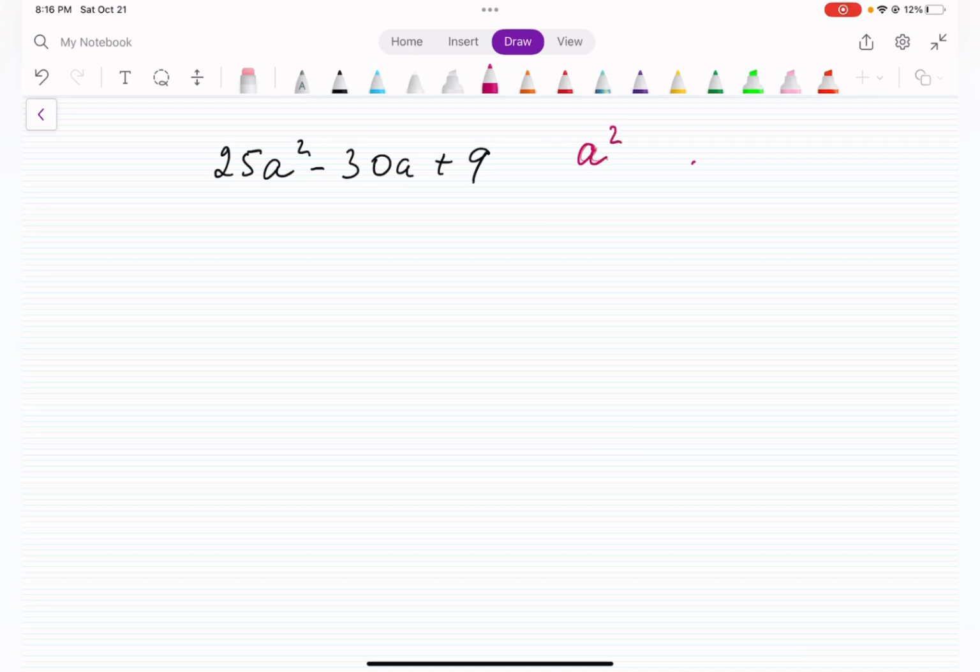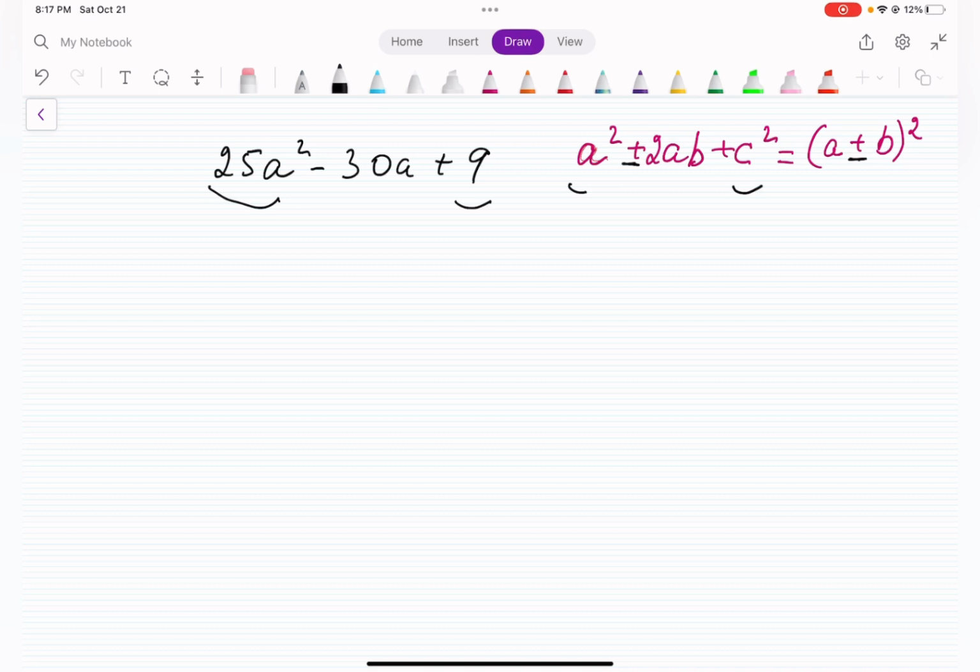a squared plus 2ab plus b squared, or a squared minus 2ab plus b squared, which is equal to either (a plus b) squared or (a minus b) squared. So let's understand what we have. First thing, we have to check a squared and then b squared, which are going to be the first term and the last term.